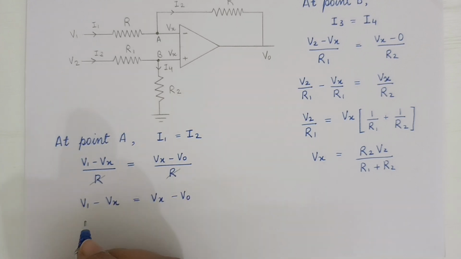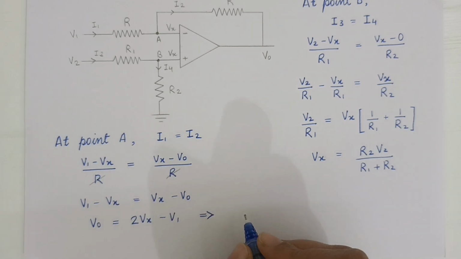From here, let's take V0 to the left hand side. So V0 is equal to twice of Vx minus V1, which is equal to minus V1 plus twice of Vx.